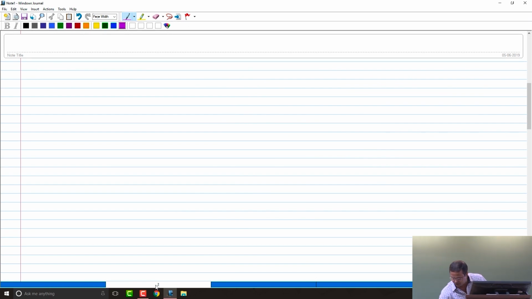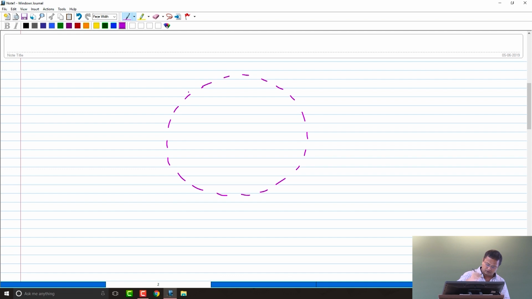So, let me pick up a nice example which I think would work for you. Let me have first a circle. So, these are the three points. I try to draw a Voronoi diagram for you.